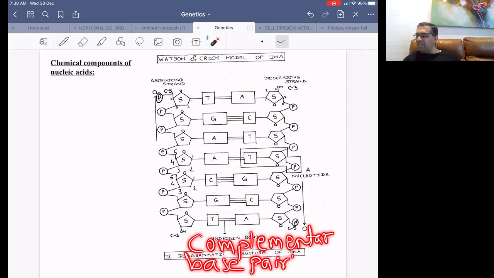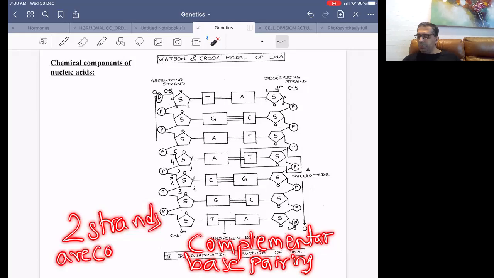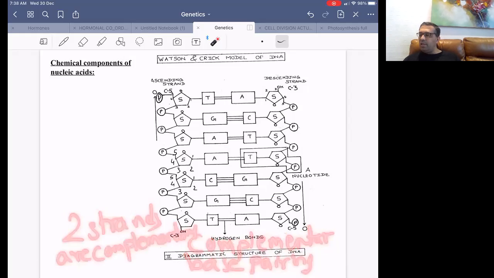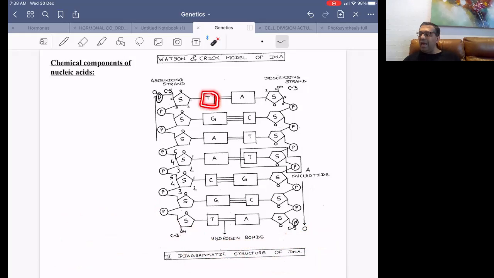And the two strands are complementary to each other. Why? Suppose I know there is a thymine here, there has to be adenine here. If there is guanine here, there has to be cytosine here.